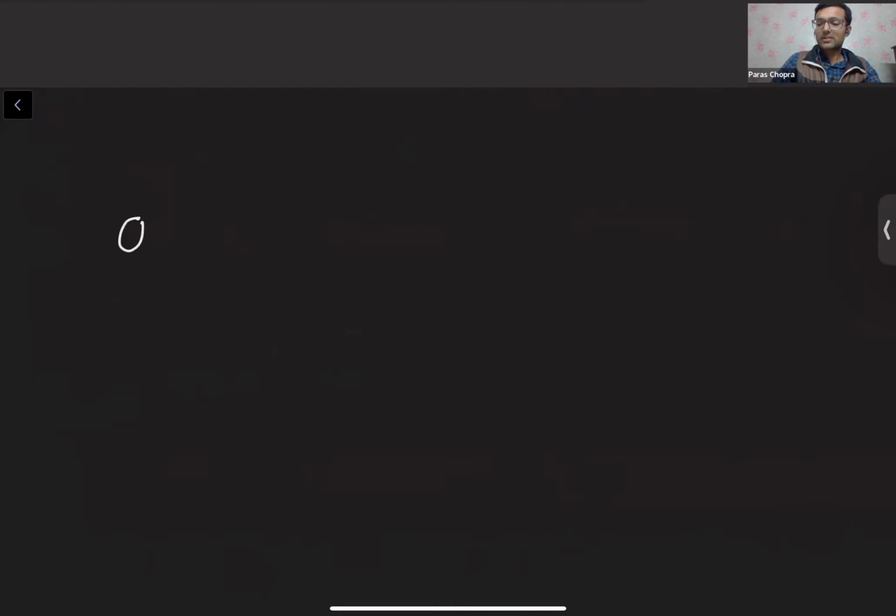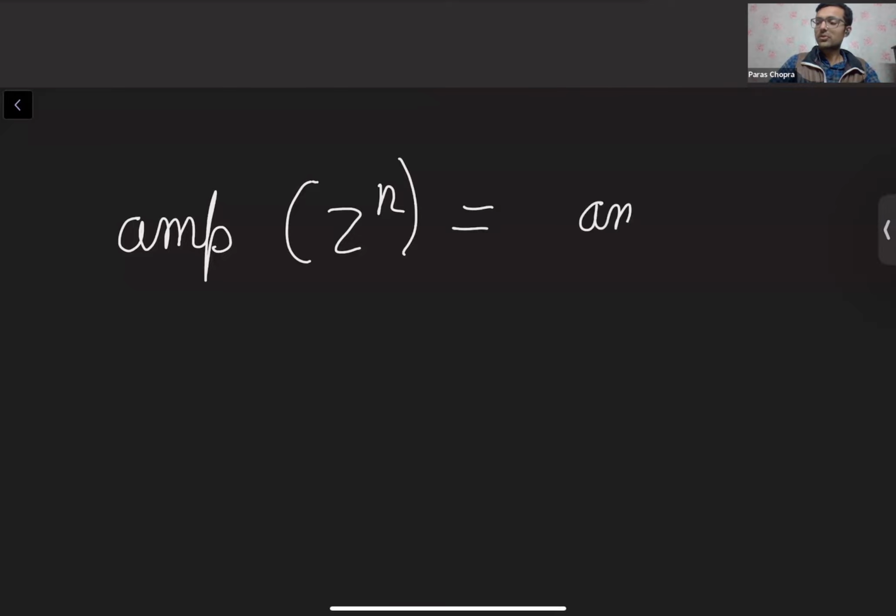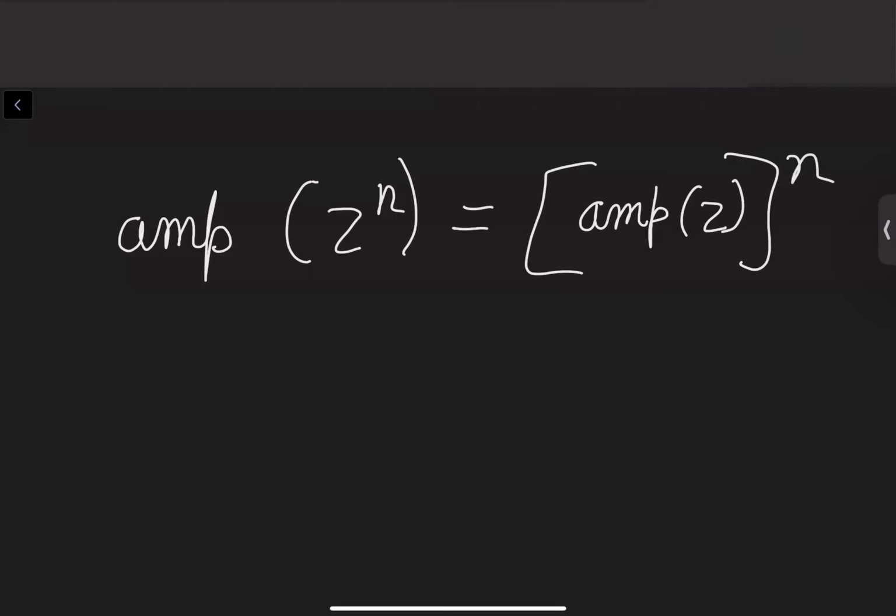Let's say we have a complex number Z to the power n. Can we say the amplitude of this complex number will be the amplitude of Z whole raised to the power n? Can we say this? एंड प्रूफ करने के लिए आप मल्टीप्लिकेशन वाली प्रॉपर्टी n टाइम्स लगा दोगे.